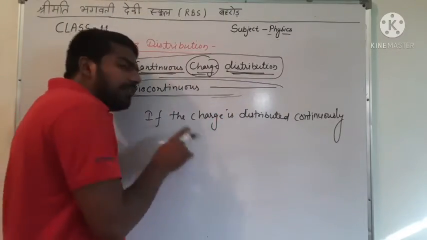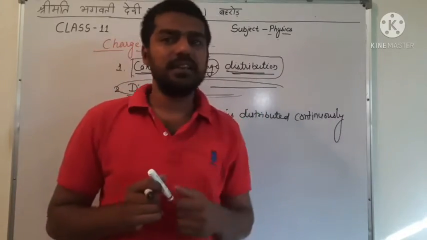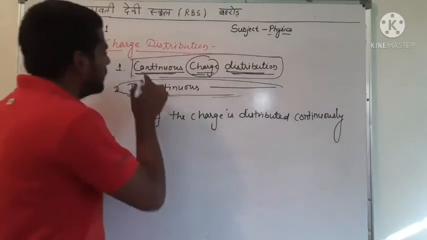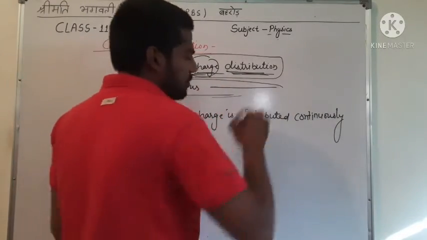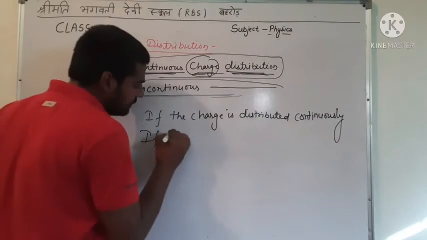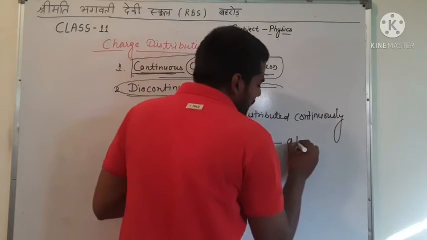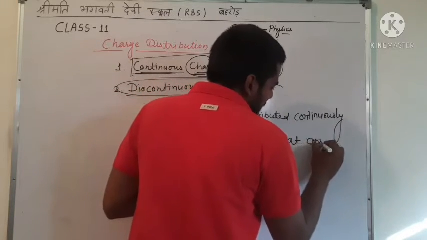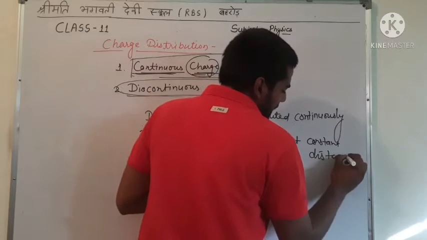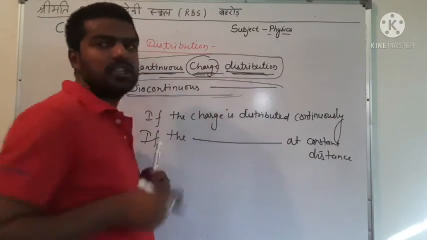Or if the charge is distributed at a constant or fixed distance, then it is called continuous charge distribution.